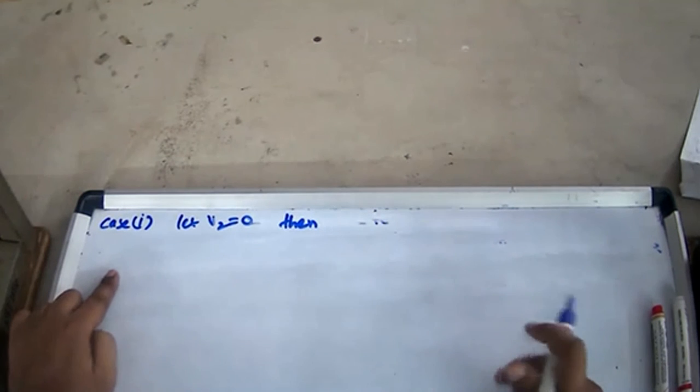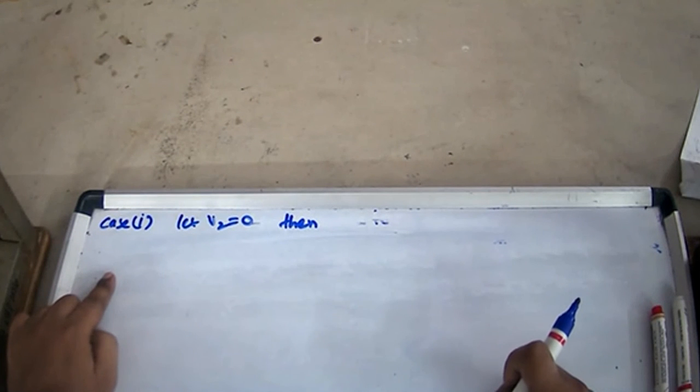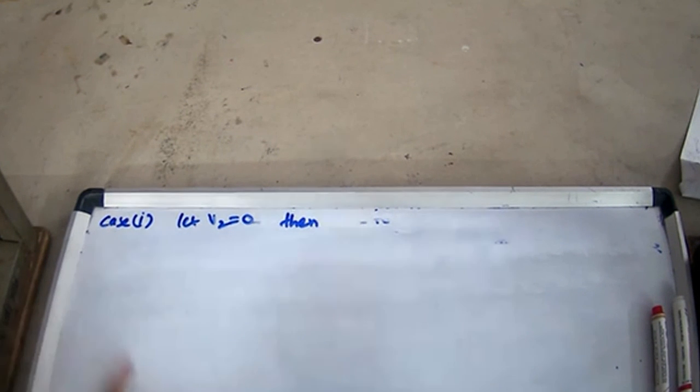Then remember, when we are going for case 1, 2, we will be going with the equation solving for equation 5. Then case 3 and 4 will be for equation 6.